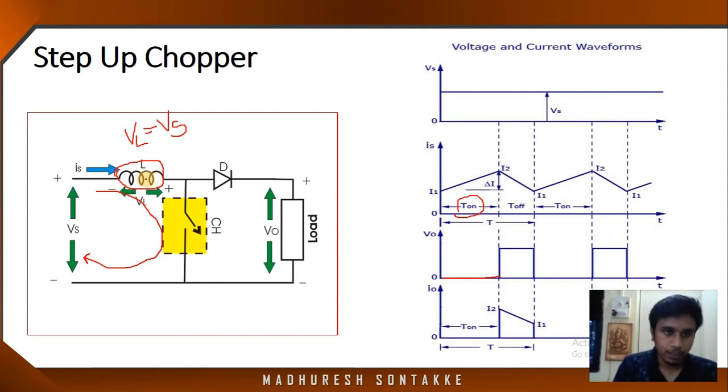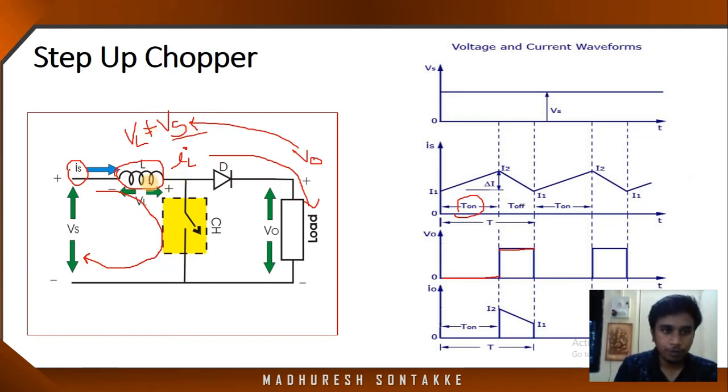Now during the next period, when the switch is open, we have two different currents. One is the input current, that is Is, and the second one is the IL, which is the charged current, the stored current in the inductor. So both the currents will discharge on the load, and during this period the output voltage is not just Vs, but the addition of Vs and VL.